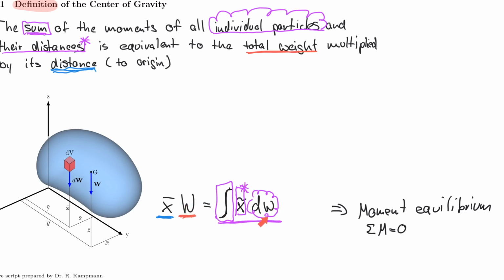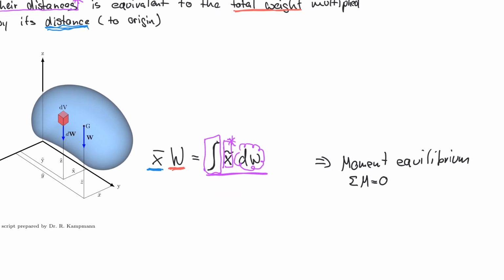I have to divide the right side by w. However, before I do that, I will represent w here again, as we've done before. So I can also write that x tilde times the integration of all particles is equal to the integration of x tilde dw.